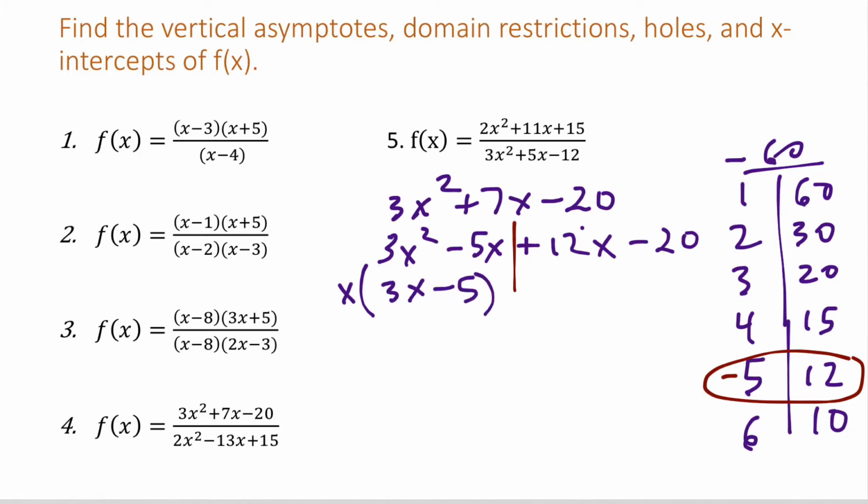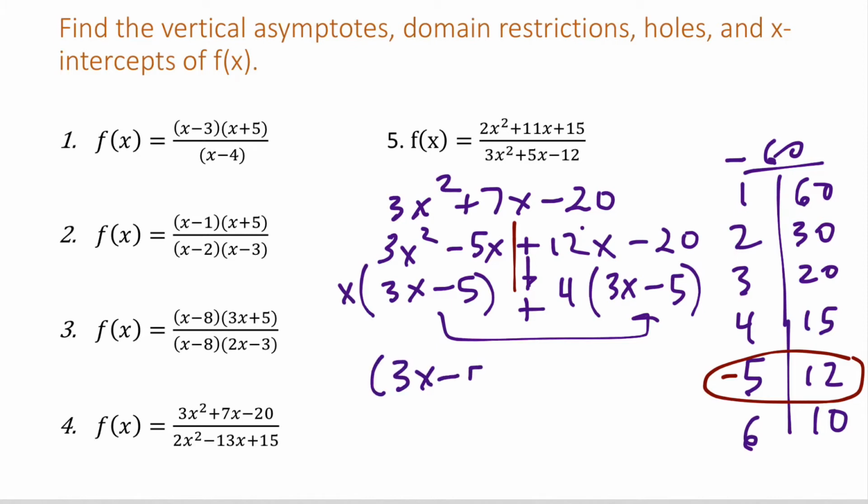I'll bring down my plus, and then I find the GCF of 12 and 20, that would be 4. So that would be the same factor over here, 3x minus 5. So my final factored form would be 3x minus 5 times x plus 4.